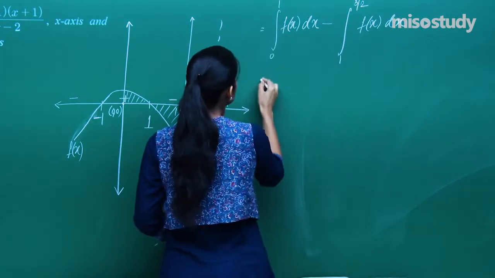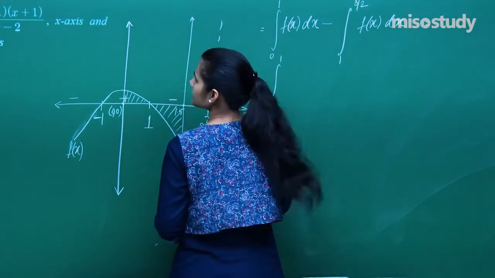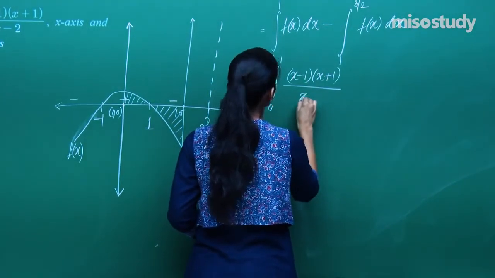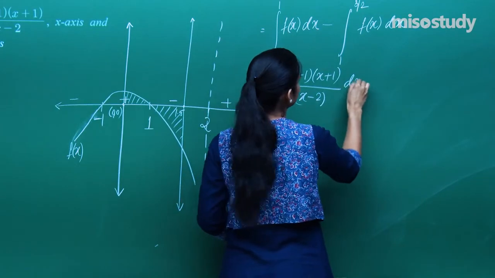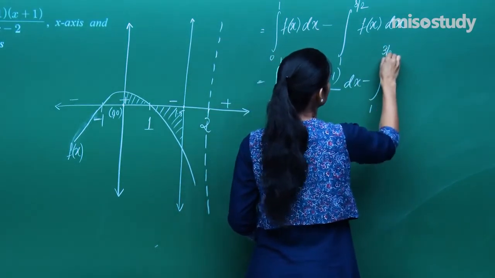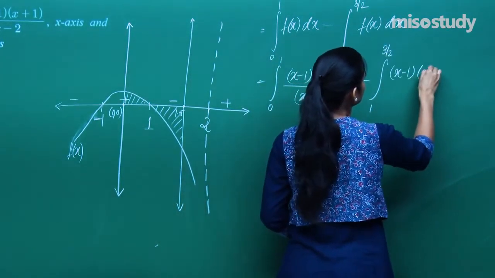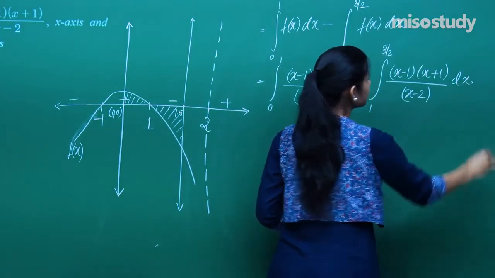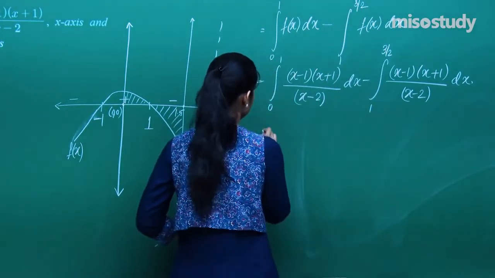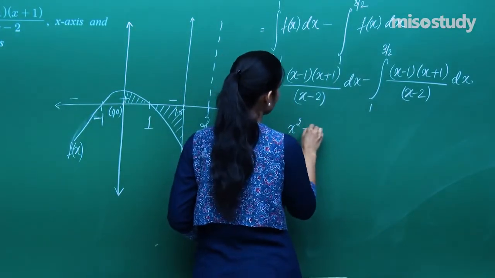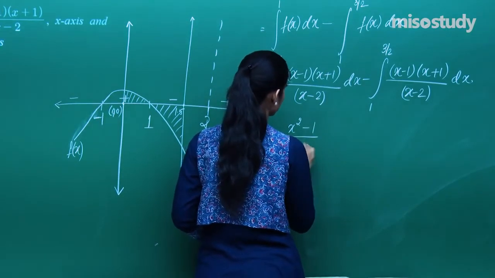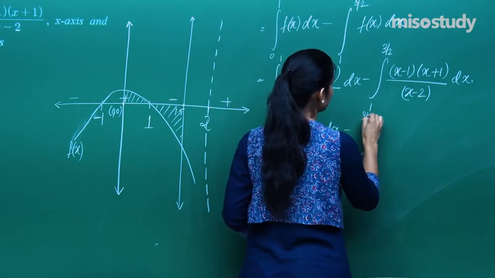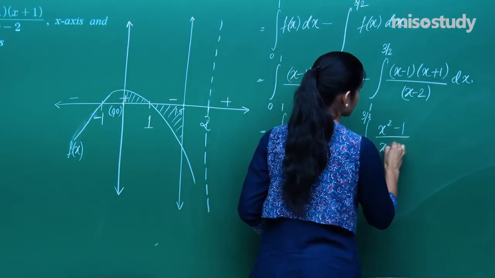Now how do you decode this? See, from 0 to 1, fx is x minus 1, x plus 1 upon x minus 2 dx, minus 1 to 3 by 2, again x minus 1, x plus 1 upon x minus 2 dx. Okay? Here if you see, this is x square minus 1 upon x minus 2 from 0 to 1 dx, minus again the same thing, x square minus 1 upon x minus 2.